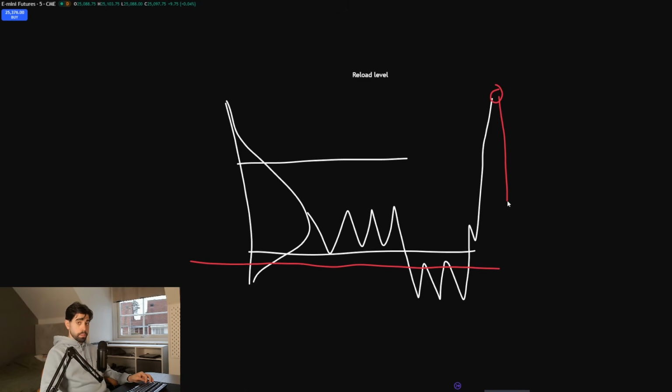If we break down, we come back to this level, we break it, then you can expect a reload. This is the level that those sellers that previously showed interest will reload into the position, then you can expect acceleration. So in short, if sellers or say buyers, doesn't matter, showed interest in a level previously and we come back to that zone, you can expect them to re-enter it.